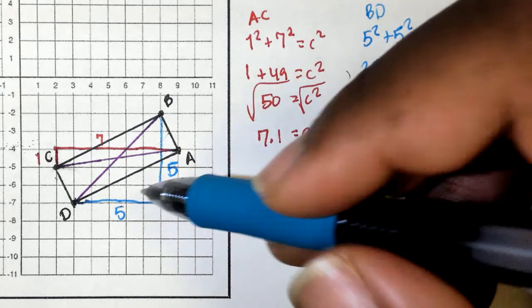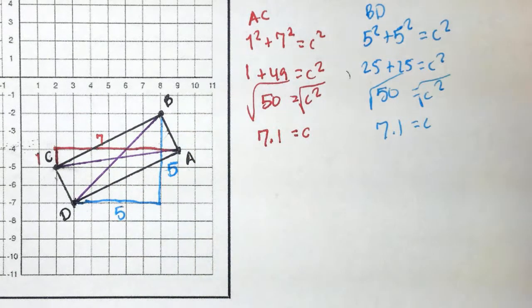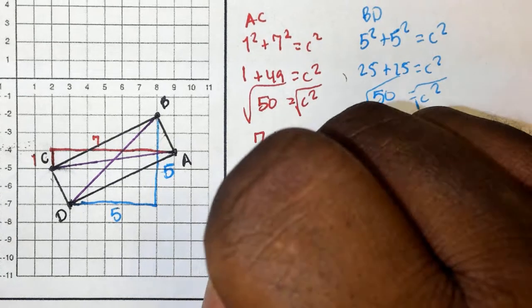So obviously both of these diagonals, AC and BD, are the same length. We just need to show our work and prove that. So we've checked the diagonals for congruency. They're good. The other piece you have to do is check the slopes for perpendicular. For this to be a rectangle, we don't want our slopes to be perpendicular, so they shouldn't be. We're just going to check them. So for the slopes, let's do the slope of AC first.